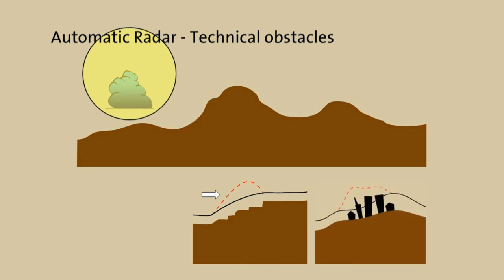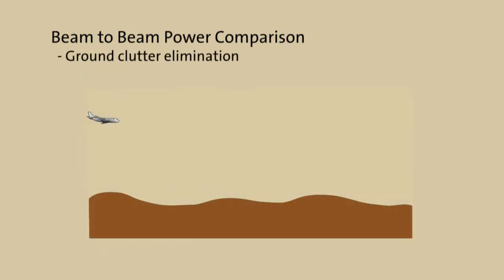Cities are even a greater problem because man-made structures are very strong radar reflectors and again introduce clutter into the radar return.